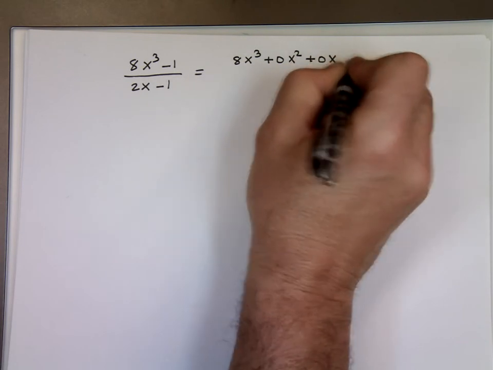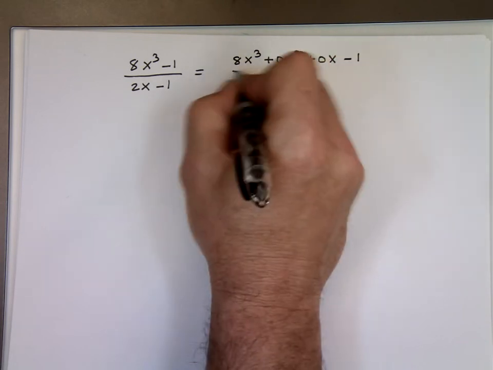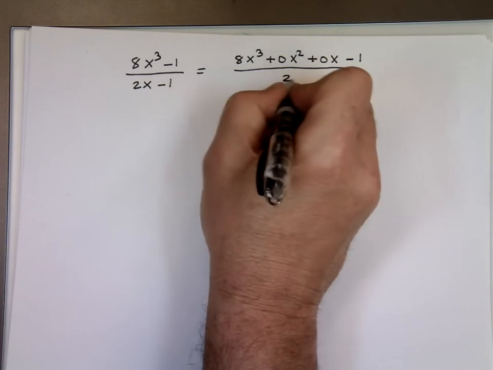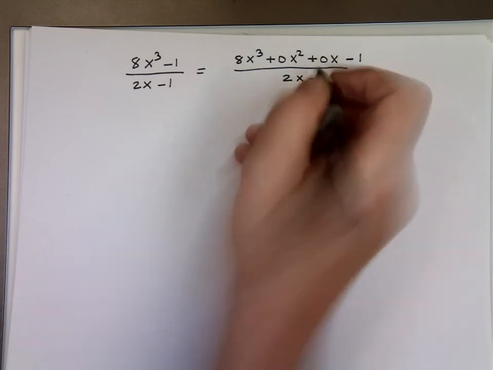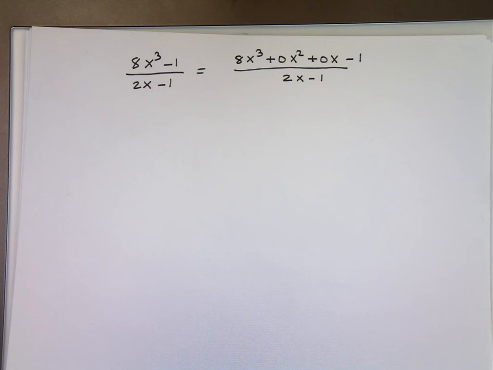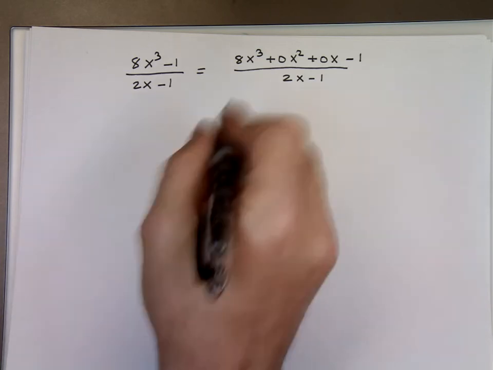I'm putting zeros. And the reason I like to put the zeros in, when I divide, I'm going to line up the x squared on top of the x squared, the x on top of x. It makes it easy to line them up. If you don't put the zeros, it's not wrong, but sometimes people start putting x's under x squared, x cubed under x, and they lose it. So that's my thinking. So let's divide them.